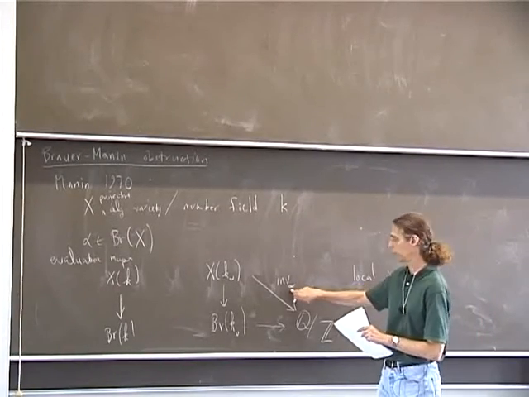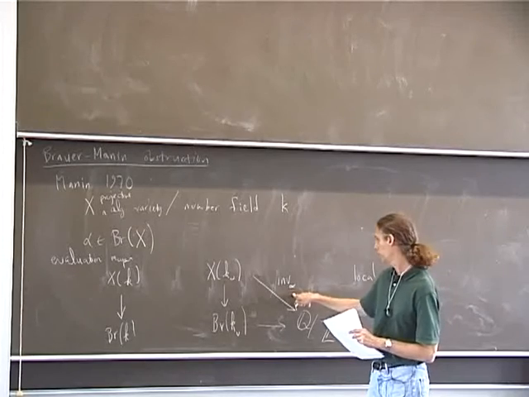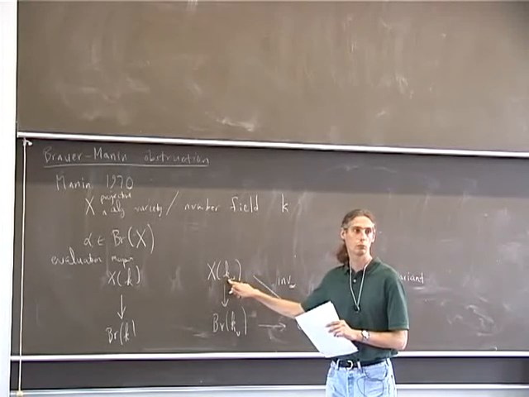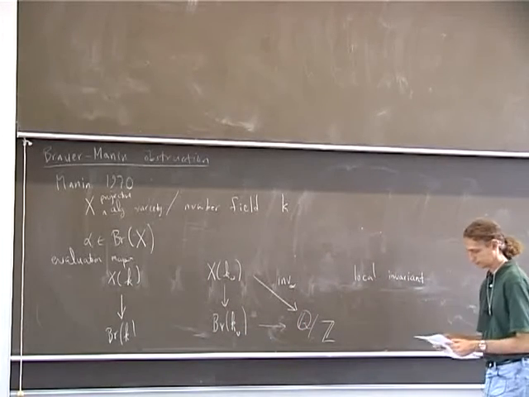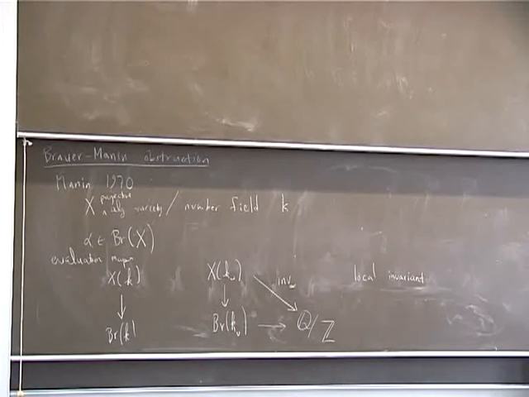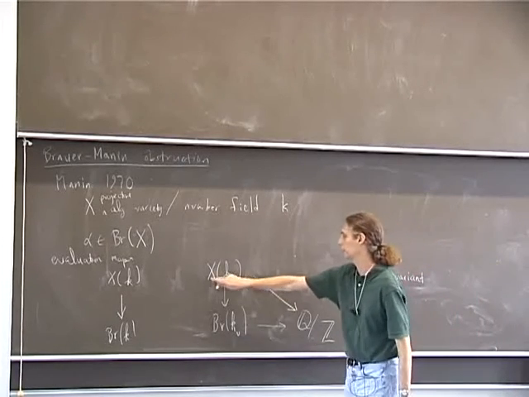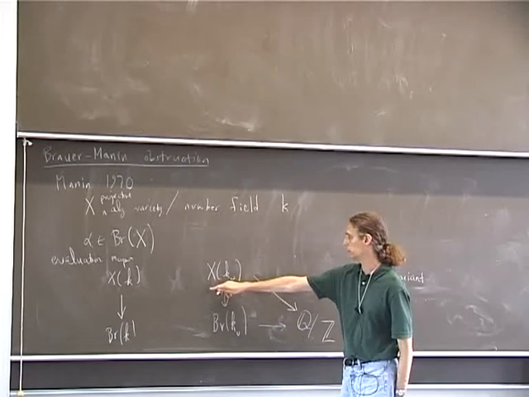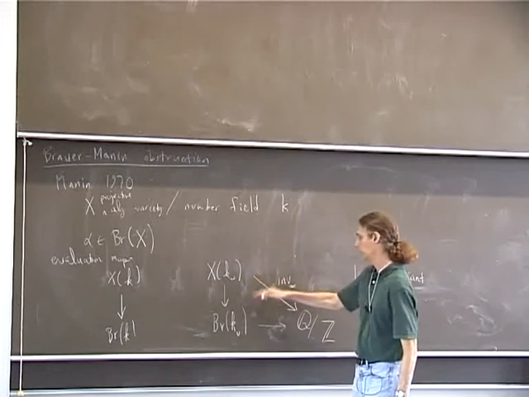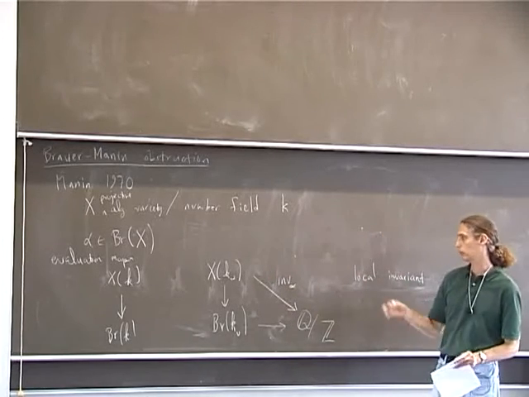So the local invariant is a way of evaluating alpha. This is the invariant of alpha at a given k nu point of X. When you use this, you have to make it clear that you're starting with a k nu point, so you have to specify which nu. And then you just evaluate, and we're going to evaluate for various nu.